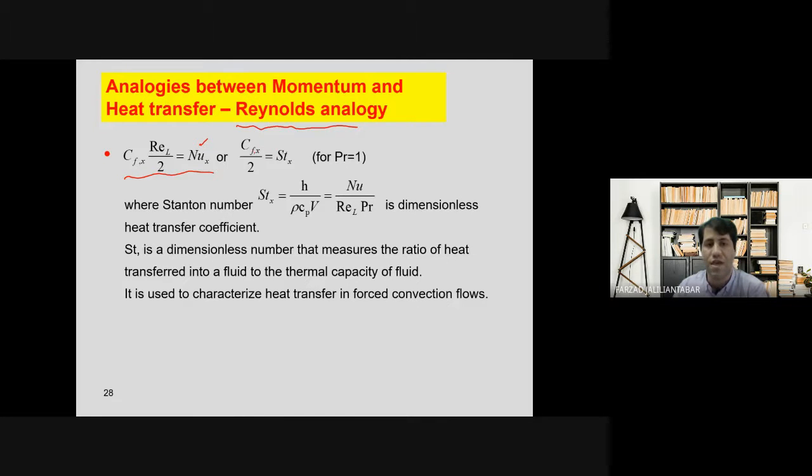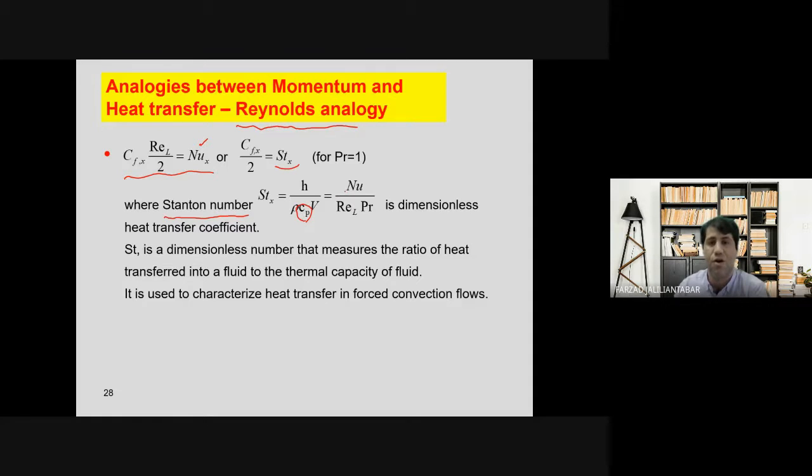And also this Cfx divided by 2 is equal to this, which we call the Stanton number. This Stanton number itself can be calculated by this equation. The local Stanton number is equal to H divided by rho CP V. And if you notice here, we have this additional term, the specific heat of the fluid, which is a property of the fluid.